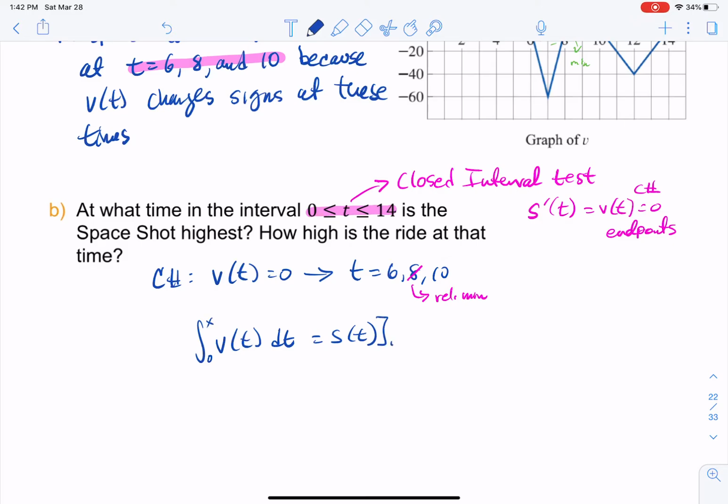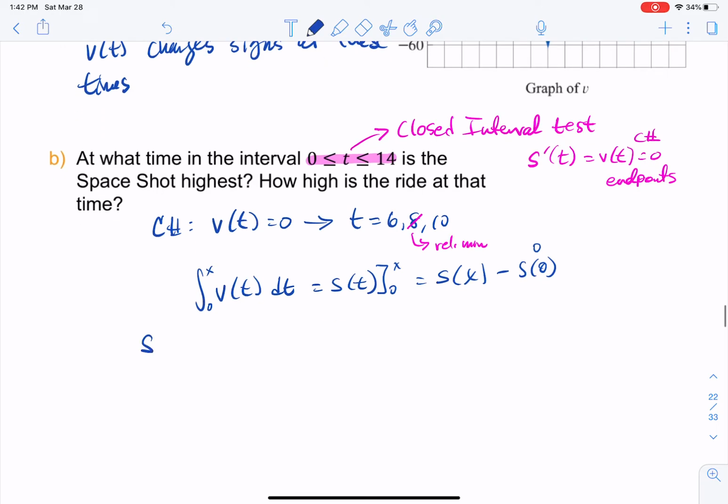From 0 to x gives us s of x minus s of 0, which is 0, which just means our position, our height function, is equal to 0 plus our definite integral from 0 to x of v of t dt. So here's our height function.